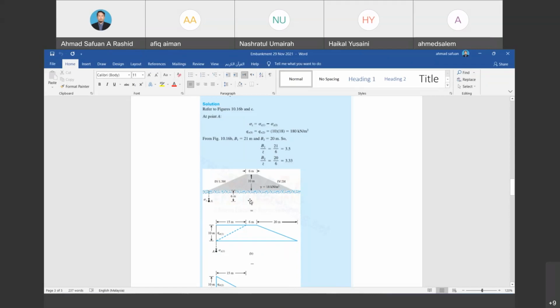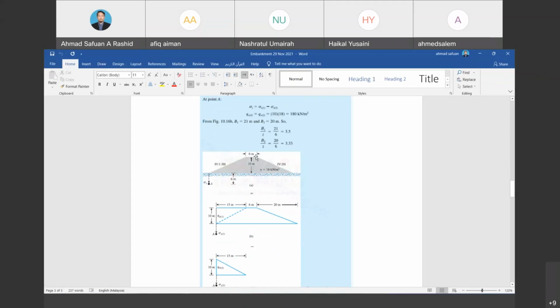If you want to determine the stress at the center of the embankment, we need two solutions: calculate the left area first, then the right area, then add both results. Compared to a symmetrical problem, where we just multiply by 2.